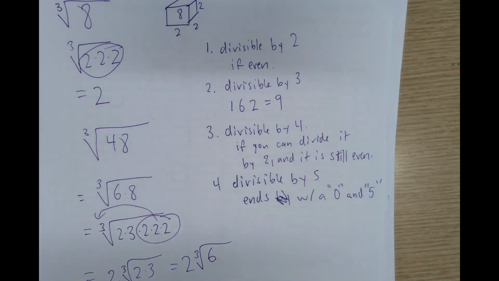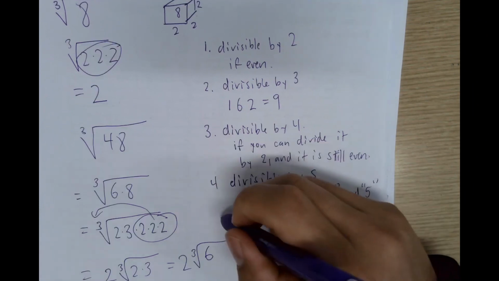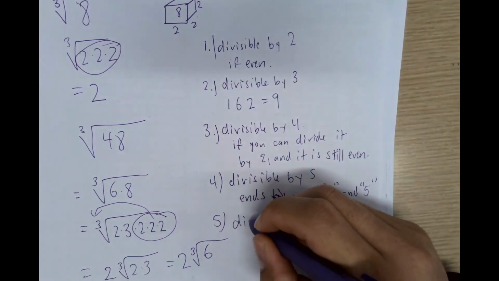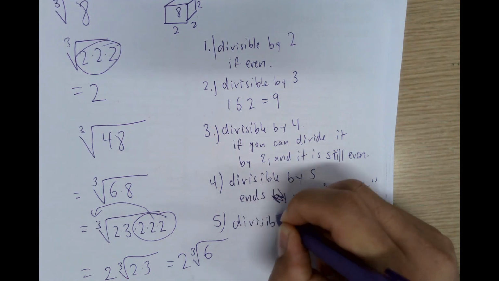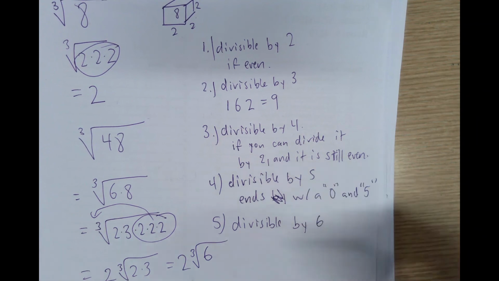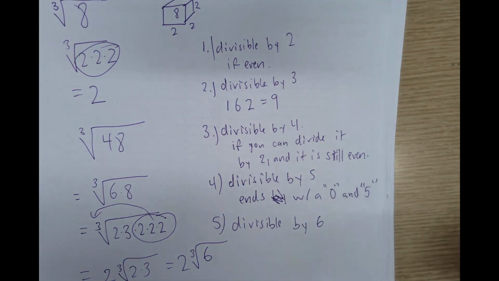Okay, how do we know if it's divisible by 6? It ends in a 6 or a 2 or an 8. 69? That's not even divisible by 6.